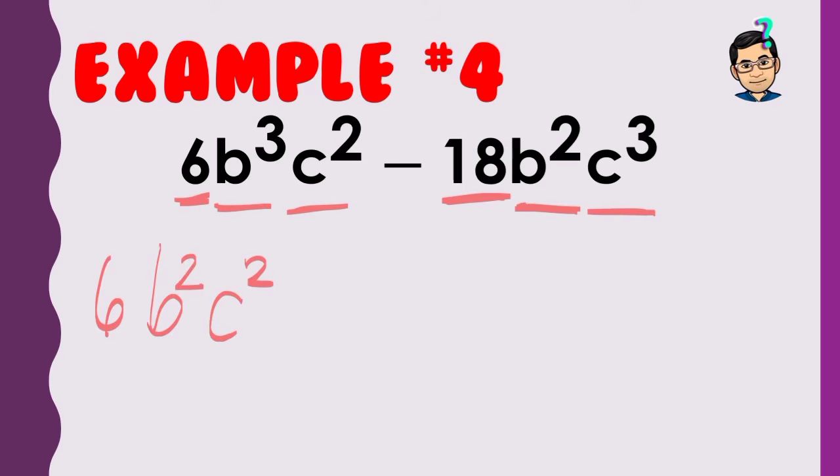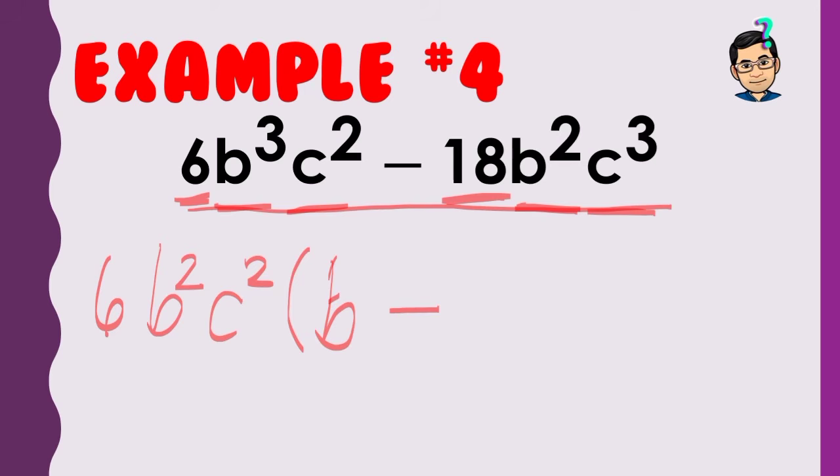Now, to get the remaining factors of this given expression, i-divide natin yung kabuuan to the common monomial factor, which is 6b squared c squared. 6 divided by 6 is 1. B cubed divided by b squared is b. C squared divided by c squared will be cancelled.